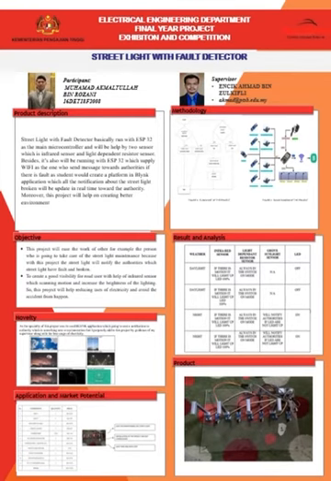Move on. Result and analysis. As you can see, there are two weather conditions, which are daylight and night. Whenever it is daylight, if there is motion, the IR sensor will be on, but it will not turn on the street light because it's a sunny day.